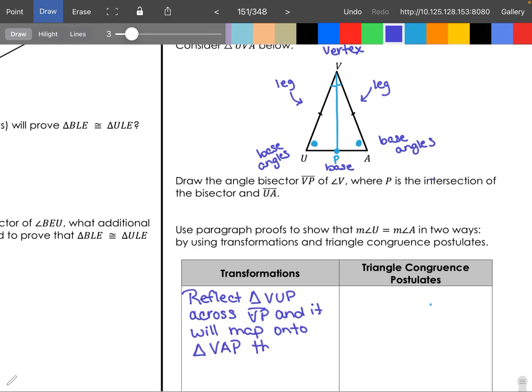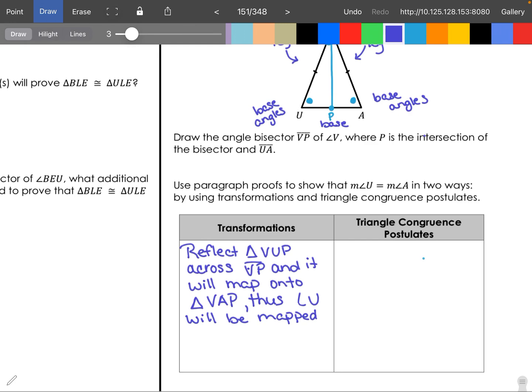So what does that mean? Thus, angle U will be mapped onto angle A.